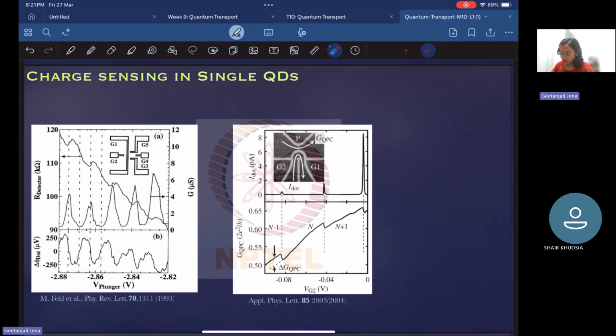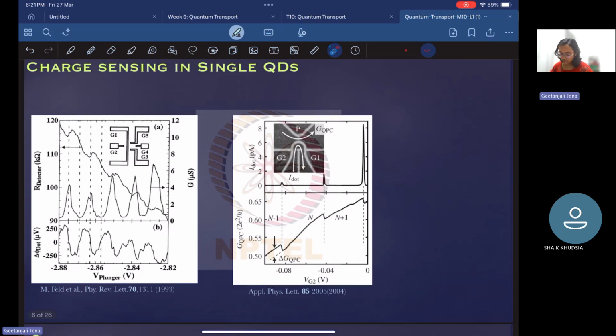If you look at this region where the current is much, much lower, then we can't use this current as a sensing for the charge. But if we look at the conductance graph through this quantum point contact region, even though the current around this region is low, we can see the change in conductance and we can detect it.